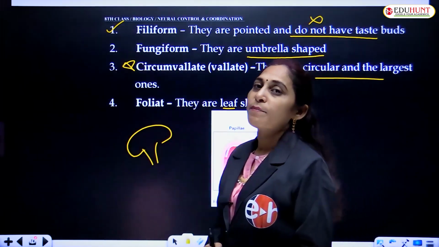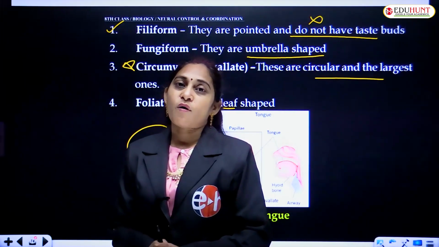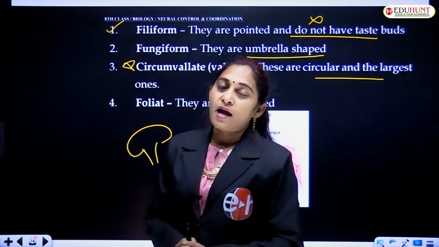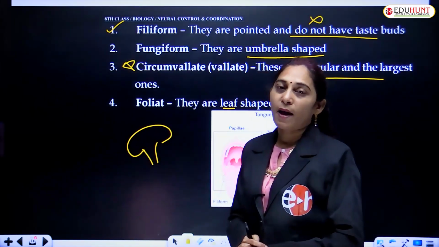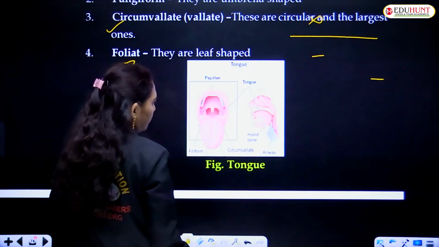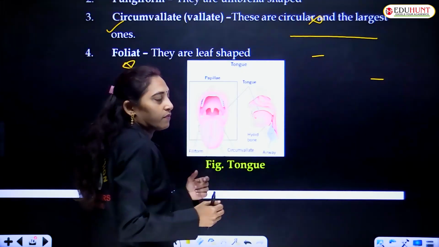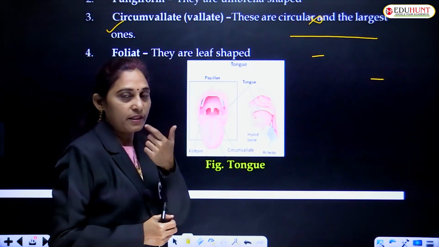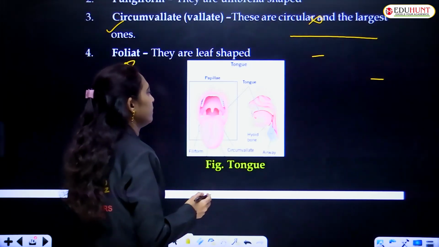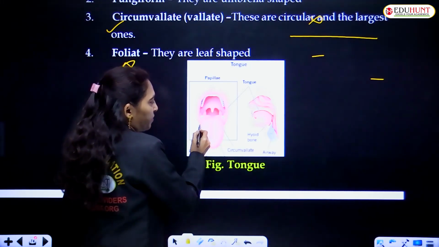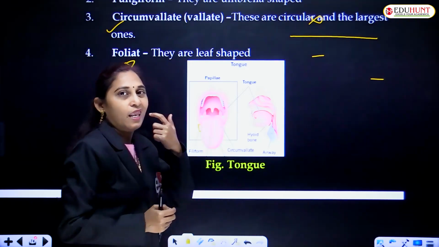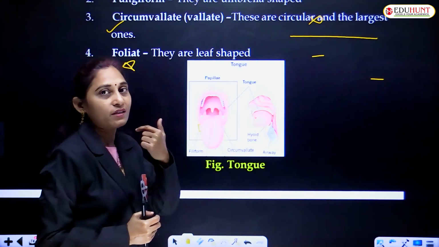And these papillae are provided with taste buds except the first one, that is filiform papillae. This is the tongue, present in the oral cavity, and especially the filiform type are present on the lateral side of the tongue.